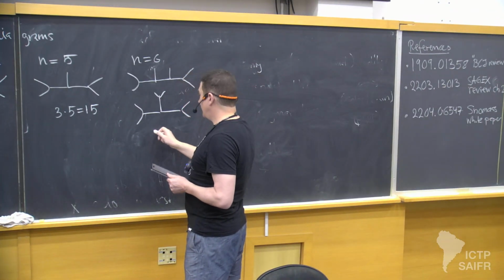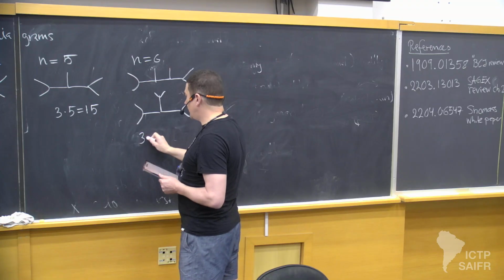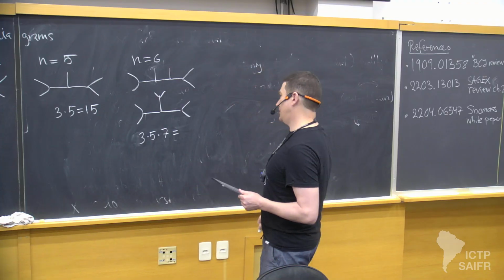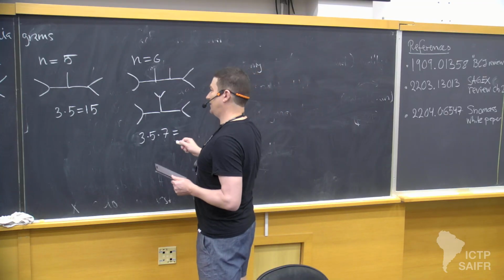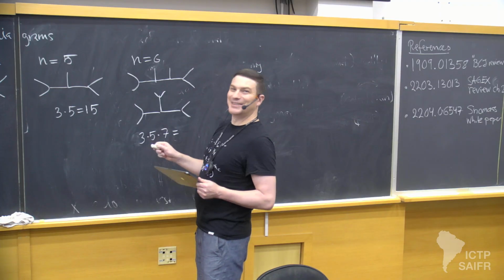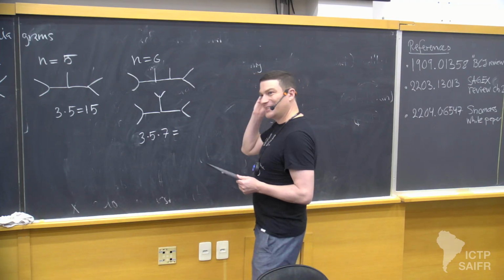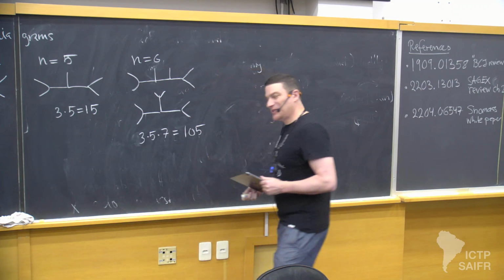And here you can find out that the number is actually 3 times 5 times 7, which I guess is what? 7 times 15. I don't remember. What? 105. Good, thanks. When you say it, I remembered it.